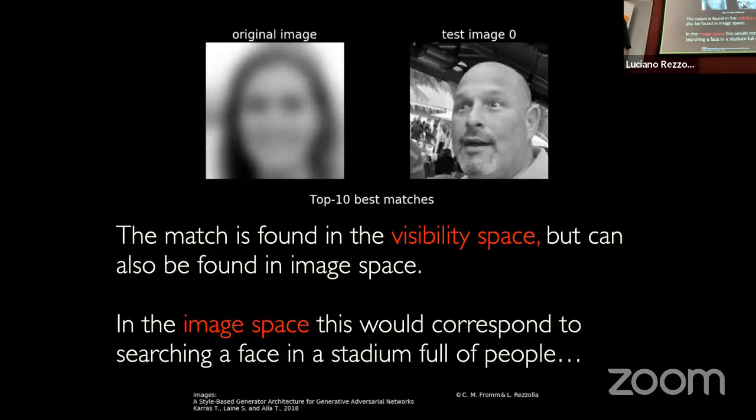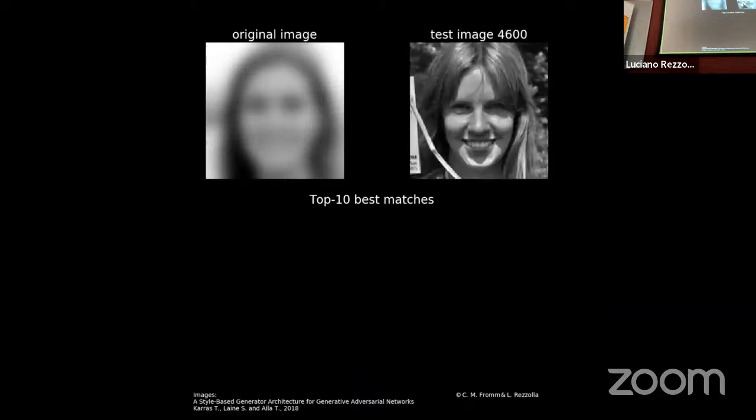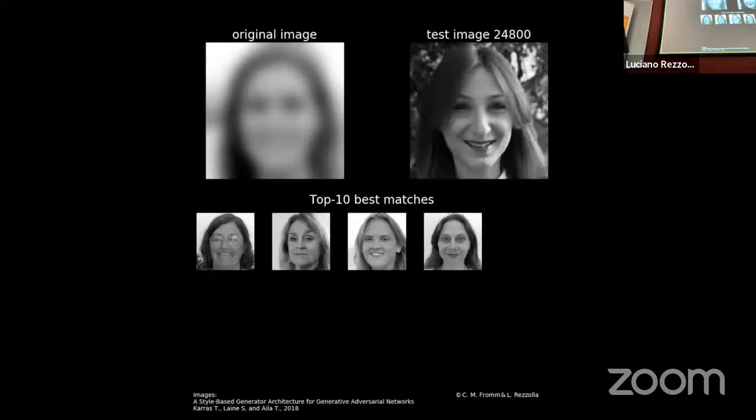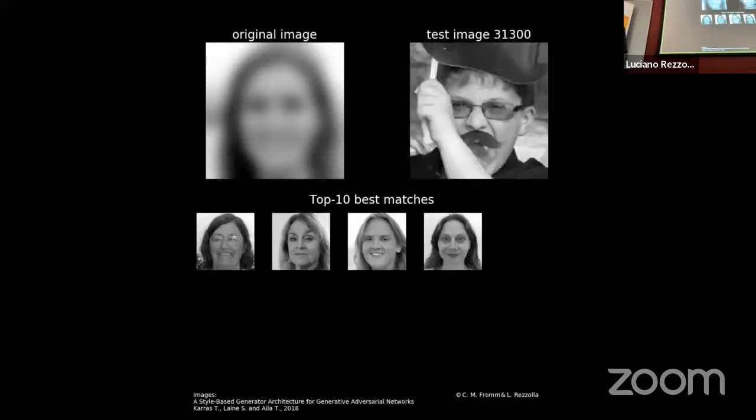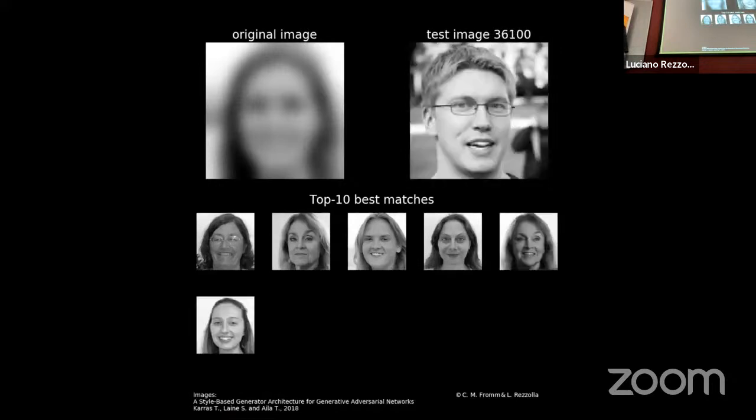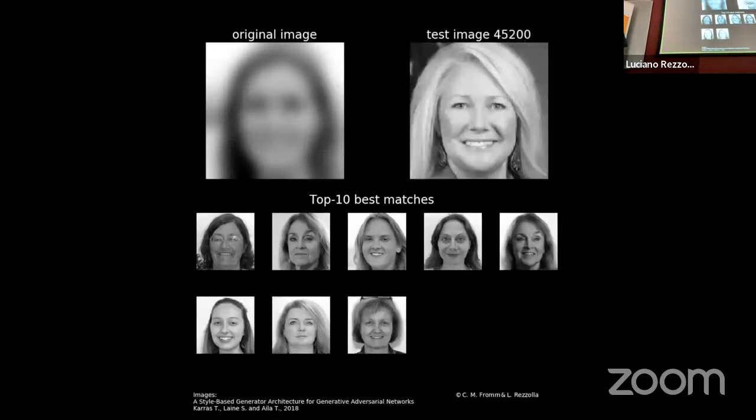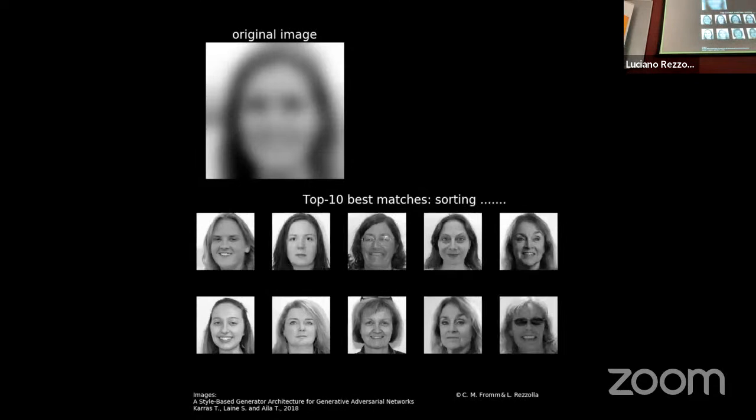You just know that maybe he's in the stadium. So you scan this photo against all the people in the stadium, and the software will start picking up potential matches. Then you ask the software, is this person in the stadium? The software will say, I don't know. What I can tell you is that I have 10 people that look similar, then you decide.